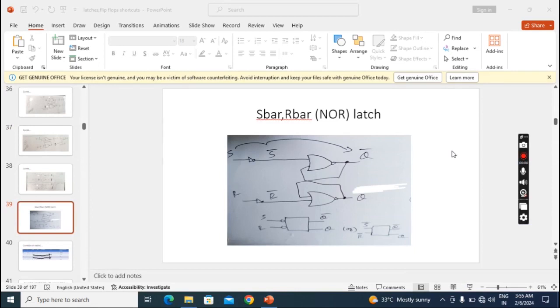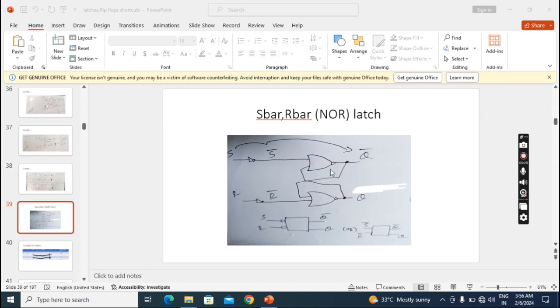In this lecture we'll discuss the S bar R bar latch. Here I have taken a non-gated SR NOR latch and connected an inverter to S, so it became S bar, and connected an inverter to R, so it became R bar. Those S bar and R bar values go to the non-gated SR NOR latch.